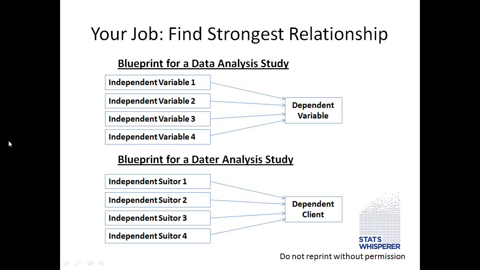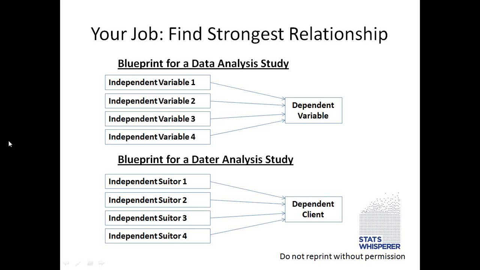What that's suggesting is that the independent variable impacts the dependent variable. So if the first one is male or female, how does being male or female impact the level of depression as the dependent variable? We want to find which of those 4 has the strongest relationship with the dependent variable.